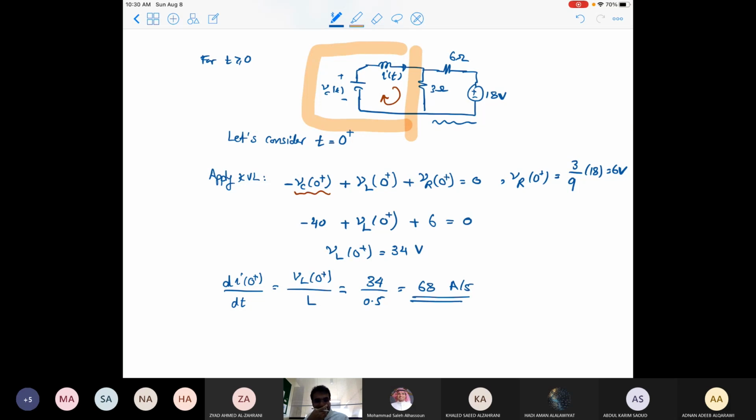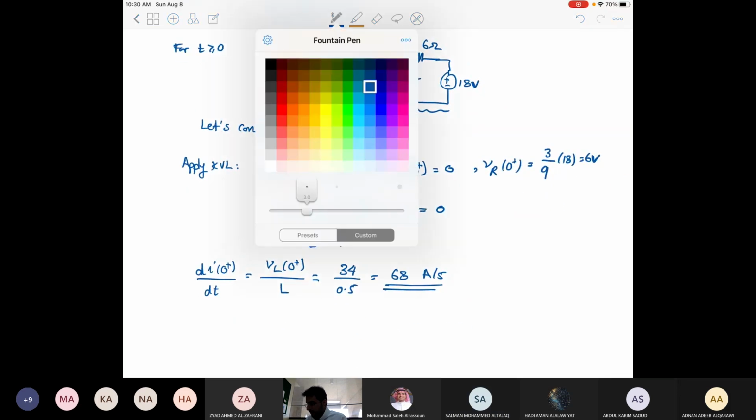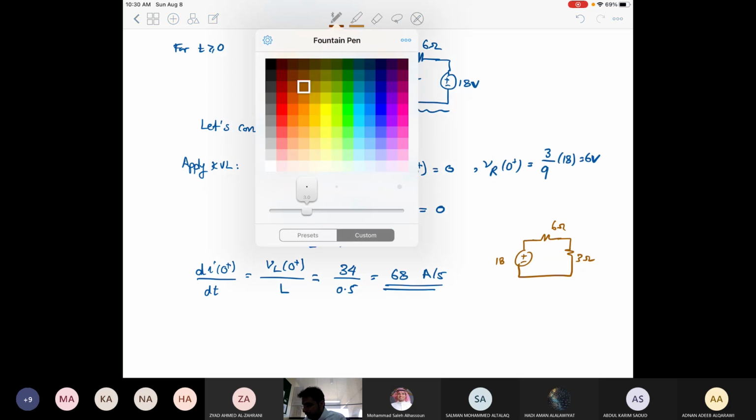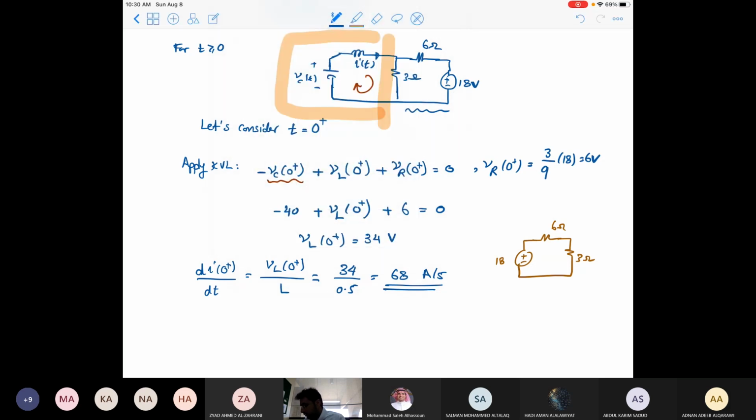Salman? Doctor, I didn't understand. How did you find VR? Okay, if you have a circuit like this, and I'm asking you to find what's the voltage here, by divider law.